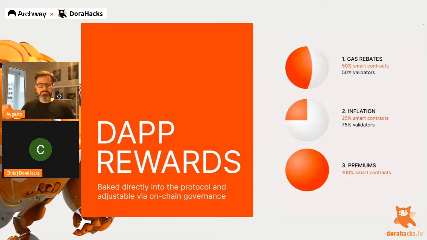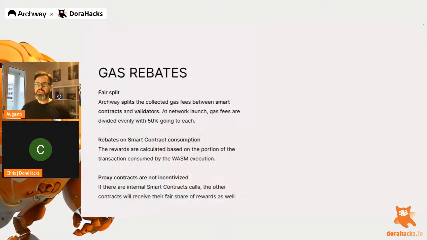There's an inflation, and 25% of this inflation goes back to smart contracts, the other 75% to validators. And the third type of rewards are the contract premiums, which go 100% to the smart contracts. All those reward models are baked directly into the protocol. An important thing to notice is that all those parameters are adjustable via on-chain governance. So if the community wants to modify any of those at any time, they are allowed to do so with a governance proposal.